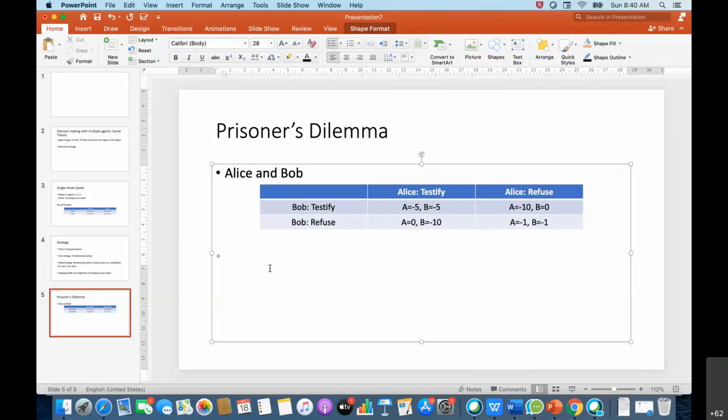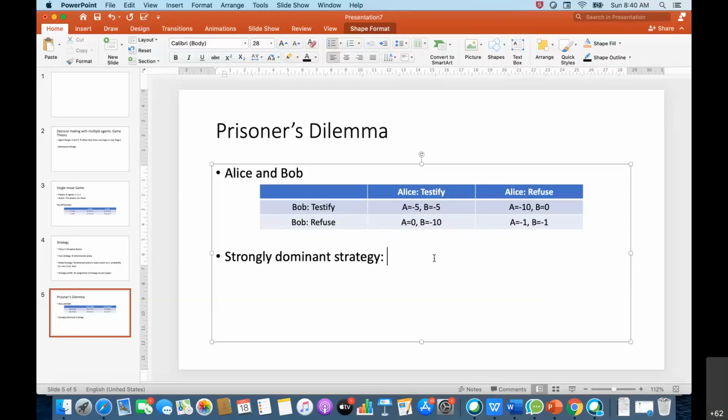It is called strongly dominant strategy. What does strongly dominant strategy mean?